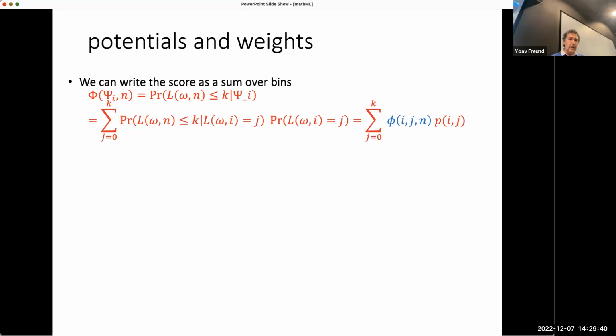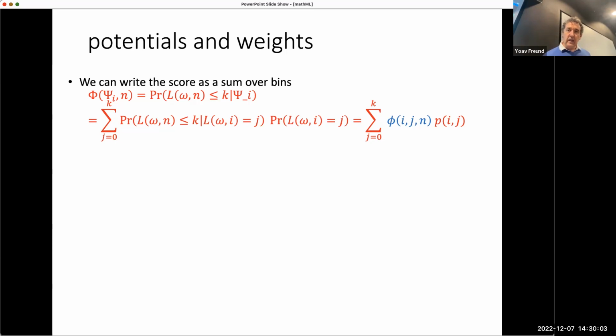So we can always write the score as a sum over bins. We basically can just rewrite it in this way. And basically what that means is that Pij is an element of the state.